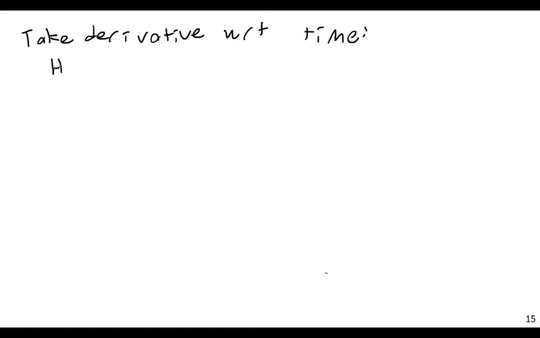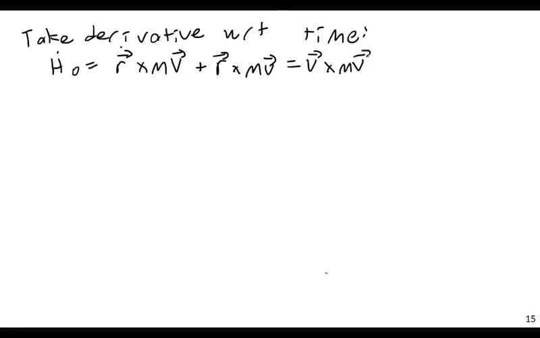Well, I can say from the previous one, if I take the derivative, H dot O will be r dot crossed into mv plus r crossed into m v dot, product rule again, equals v crossed with mv plus r crossed with ma.